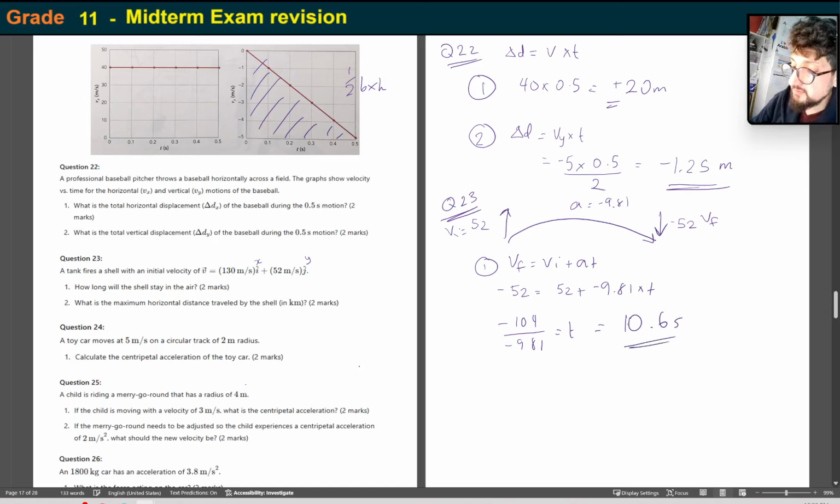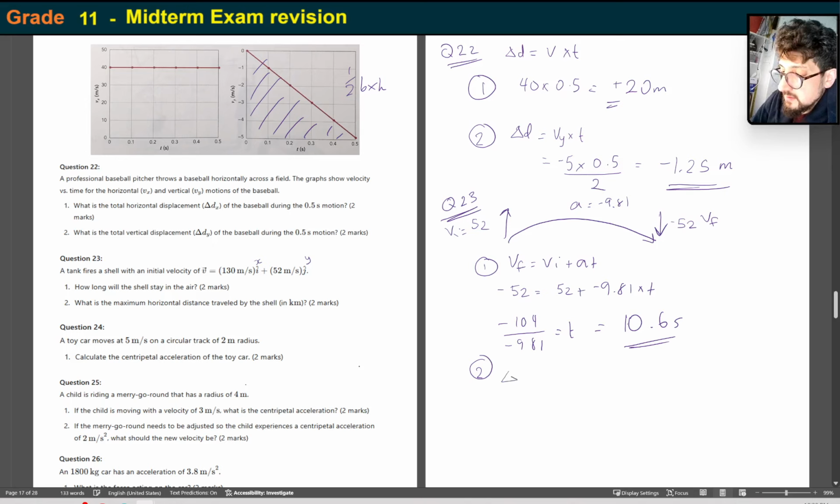Now here's a little bit of a hint. If you do this and it comes up with a negative time, just change it to positive. You can't have negative time. Okay. 2. What is the maximum horizontal distance traveled by the shell in kilometers? Make sure you read the question carefully.